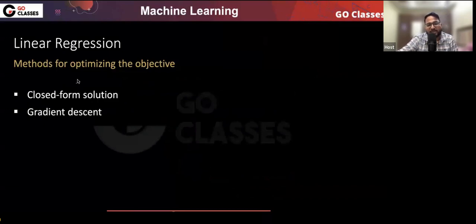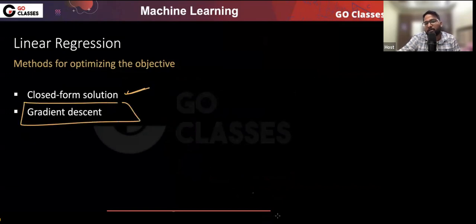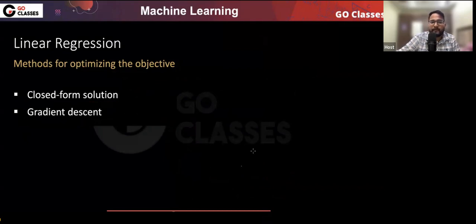Any other algorithm might have a closed form solution, but gradient descent always exists. Closed form may or may not exist for some problems, but you can always solve using gradient descent, right?